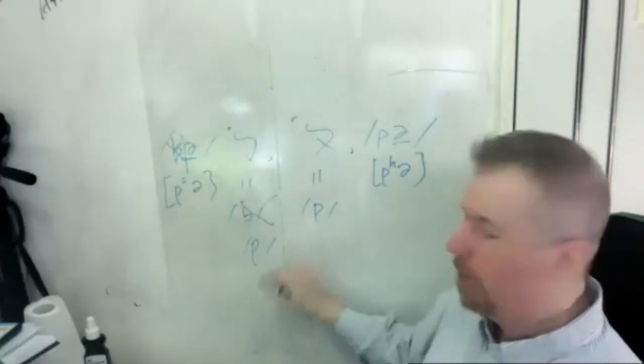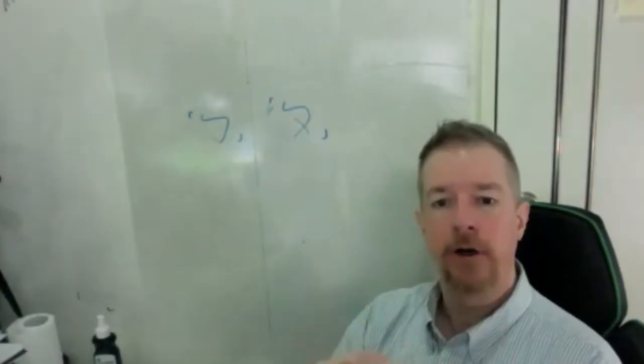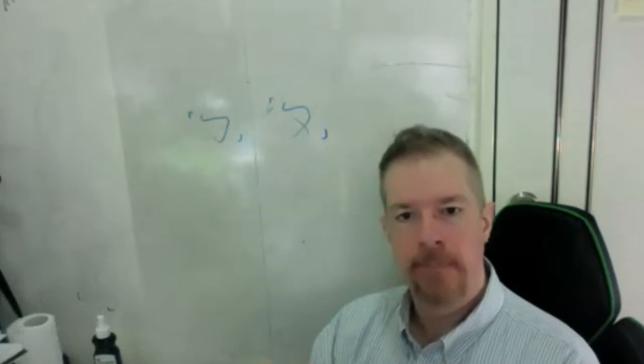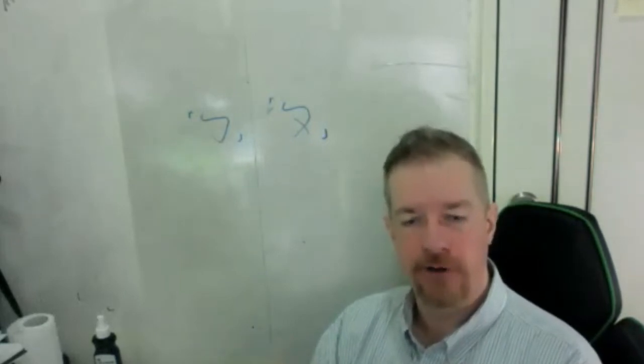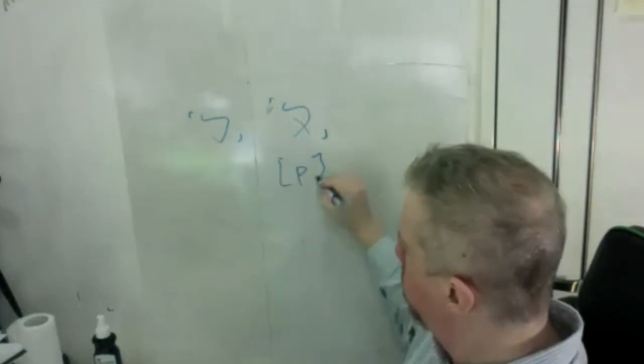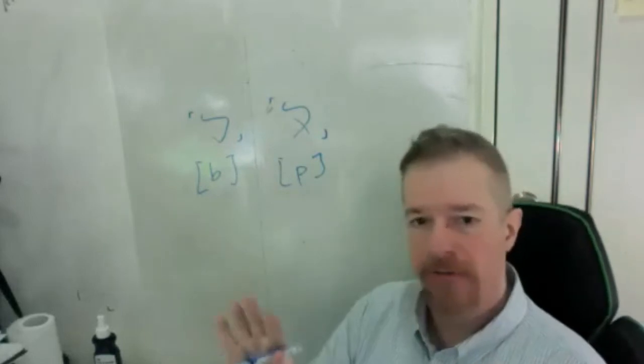This is also a P. It's merely unaspirated. I want to make a quick note here. If you look at the standard Mandarin phonology, you will usually see that this is mentioned as a P, and this is mentioned as a B, kind of.